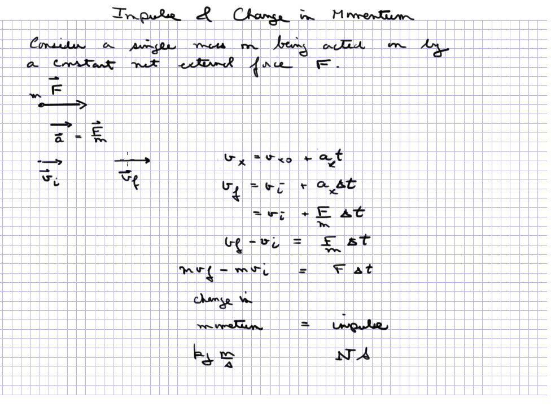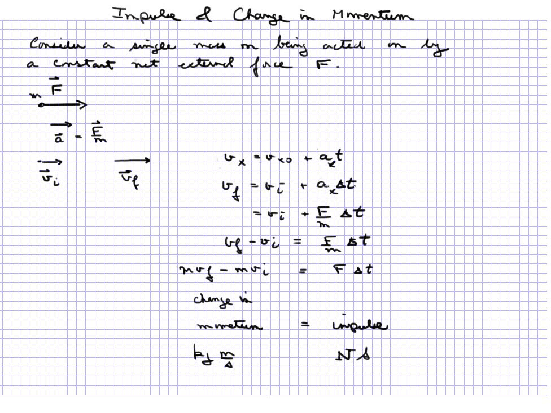For the situation we want to consider, we replace v sub x with v sub f, the final velocity. Vx naught gets replaced with v sub i, and t gets replaced with delta t, the increment in time between the initial and the final velocity.